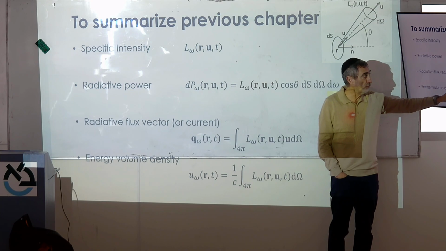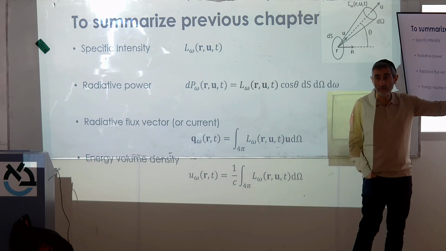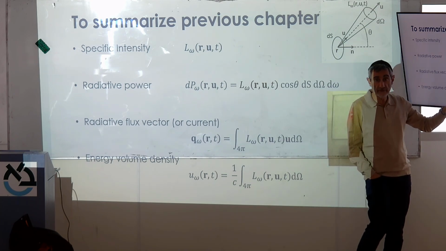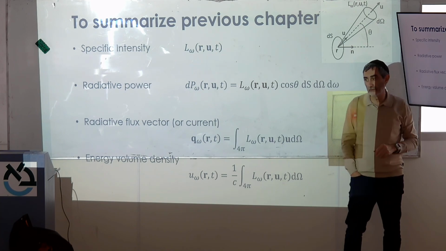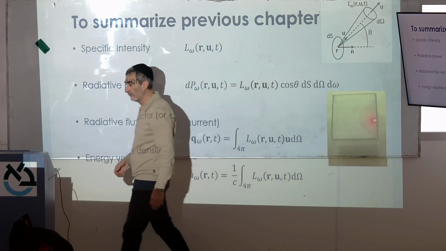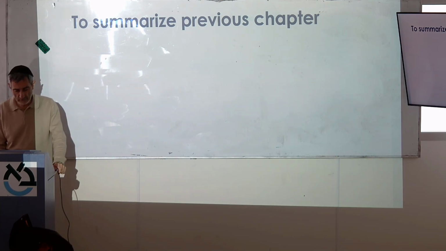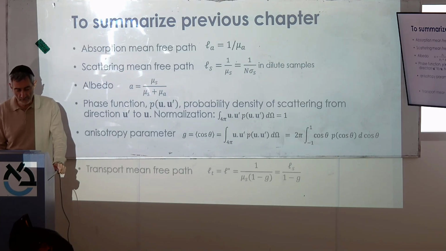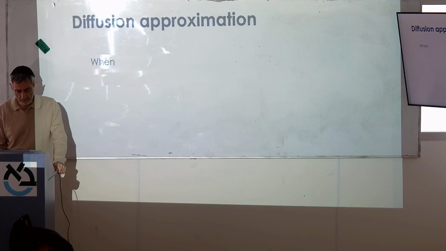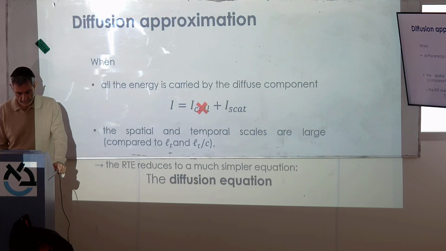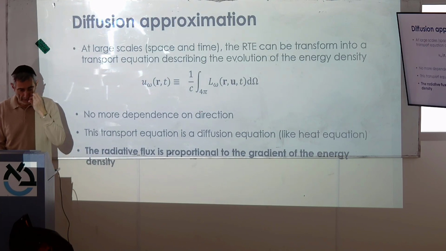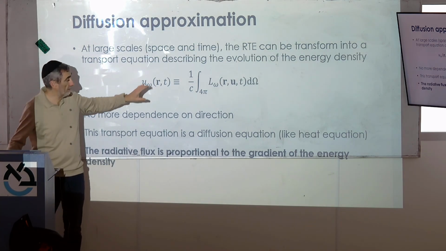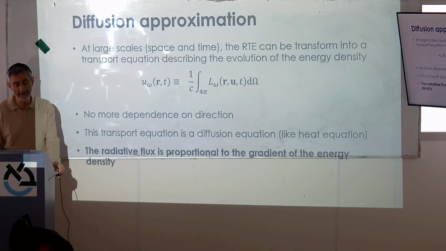Although q is an integral over all possible u, it's a vector, and it's not related to u. There is no u variable. So that's a very important point to keep in mind. So this quantity that we are going to consider here, the energy density, does not depend anymore on u, which really will simplify the equation.